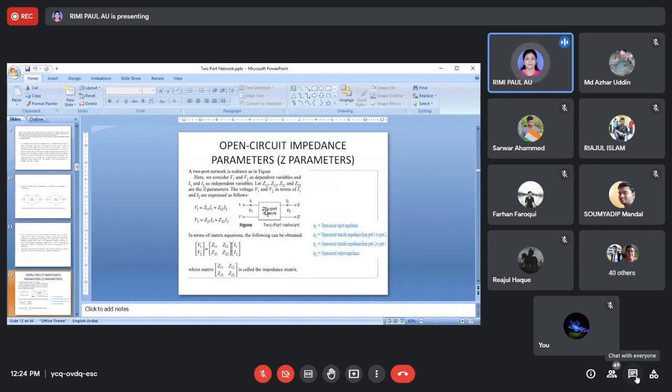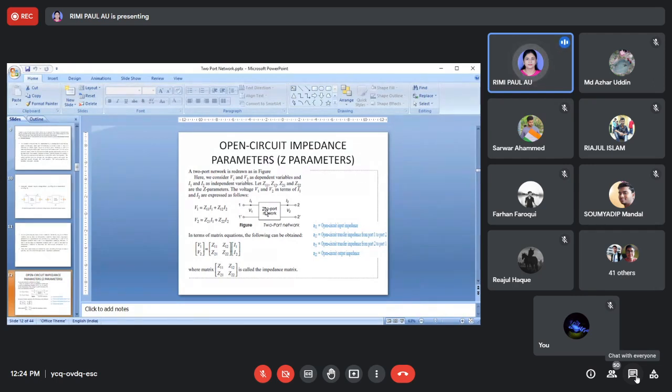Now, the open circuit impedance parameter is also known as the Z parameter. Z means impedance. And how do we find impedance? In an RLC series circuit, to find the impedance we take the ratio of voltage by current.